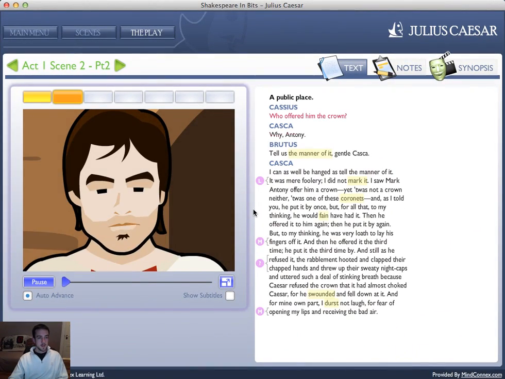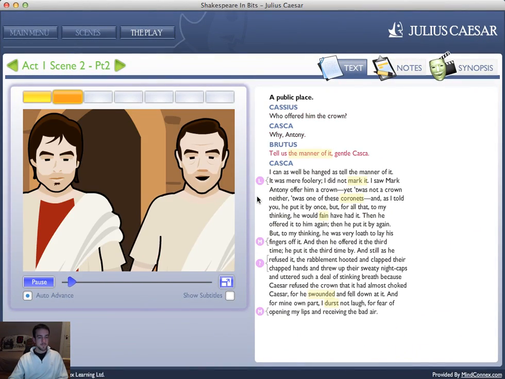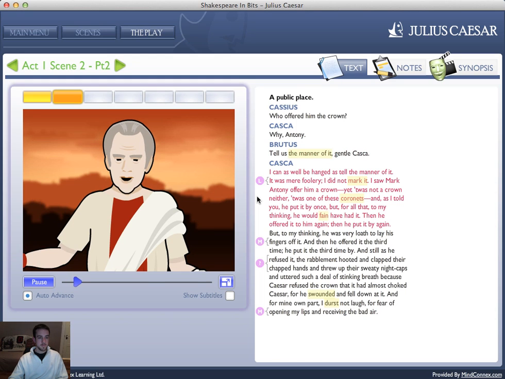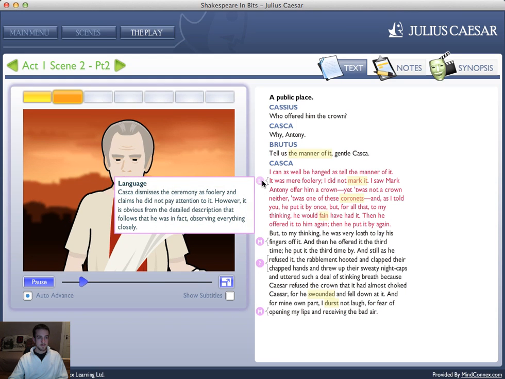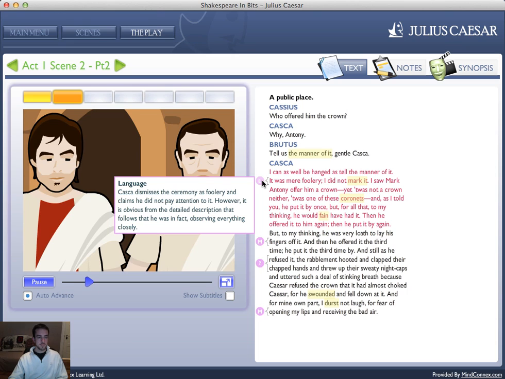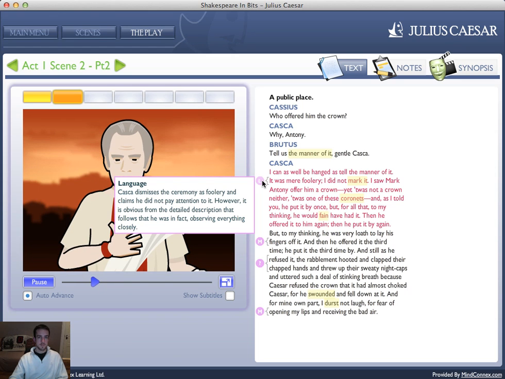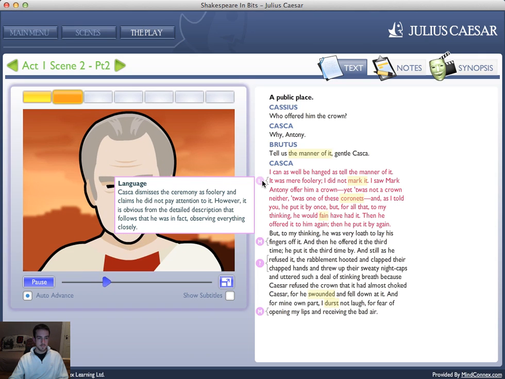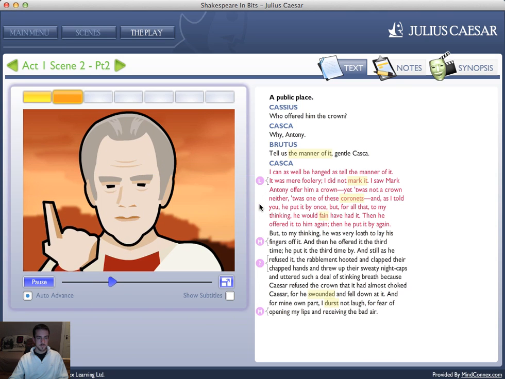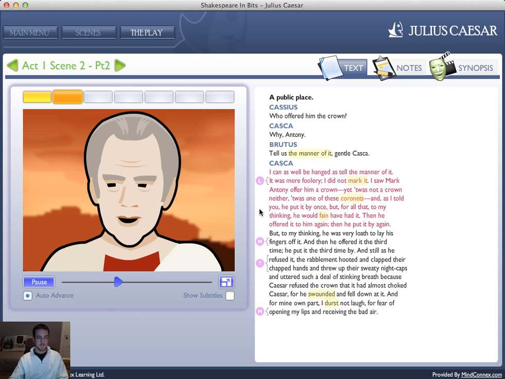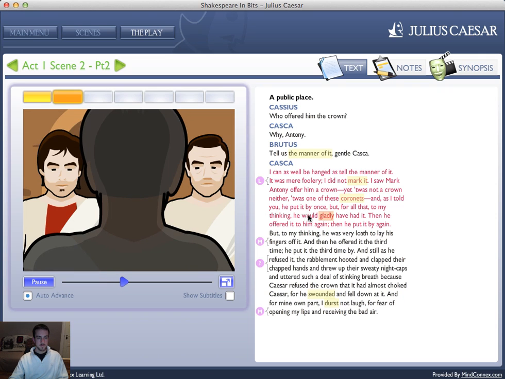Who offered him the crown? Why, Antony. Tell us the manner of it, gentle Casca. I can as well be hanged as tell the manner of it. It was mere foolery. I did not mark it. I saw Mark Antony offer him a crown. Yet 'twas not a crown neither. 'Twas one of these coronets, and as I told you, he put it by once. But for all that, to my thinking, he would fain have had it. Then he offered it to him again, and he put it by again.